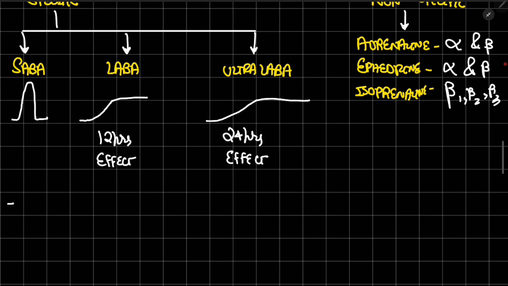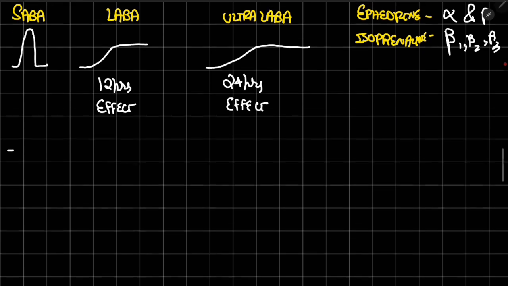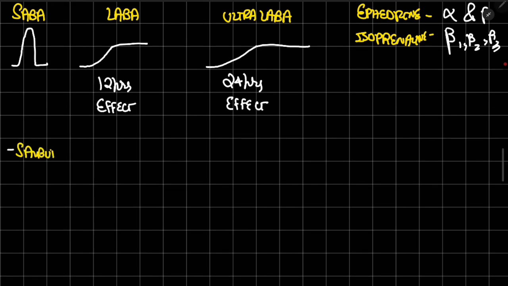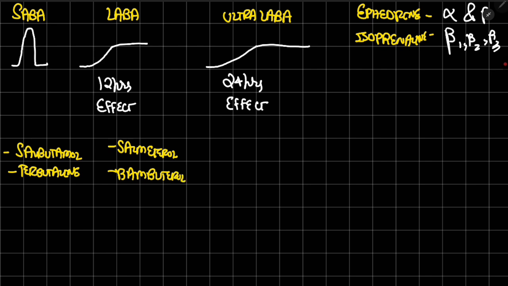Under SABA we see the drugs salbutamol and terbutaline. In LABA we see salmeterol and bambuterol. In ultra LABA we have indacaterol and vilanterol.